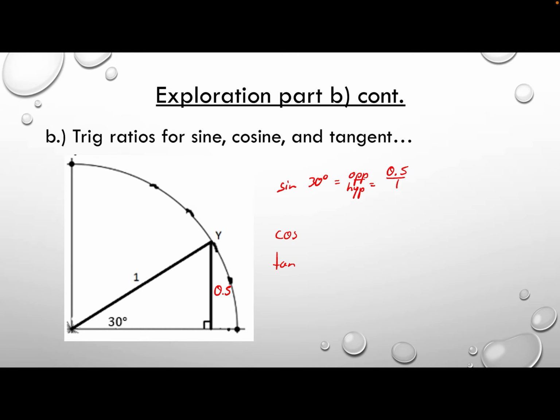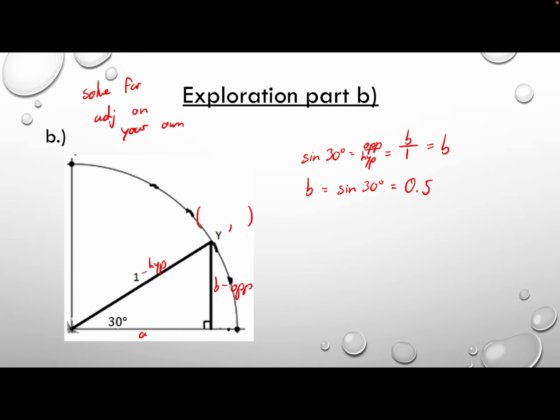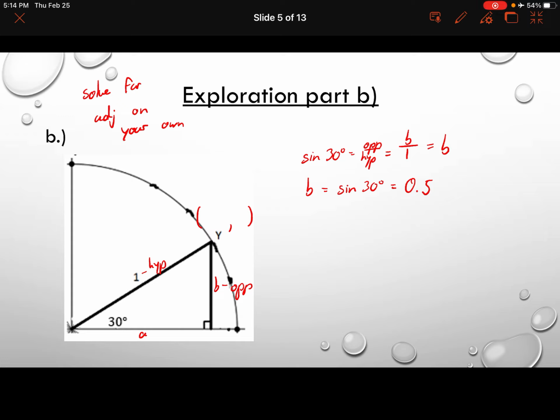Oh, well, there's actually one thing I can add for you guys. Since we solved for the opposite side for each of these triangles, we do know, since this is 0.5, the y value of the point. So I'll give you that one.